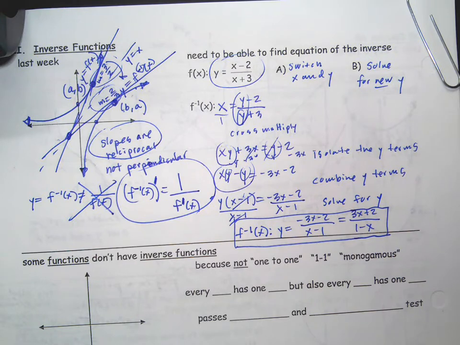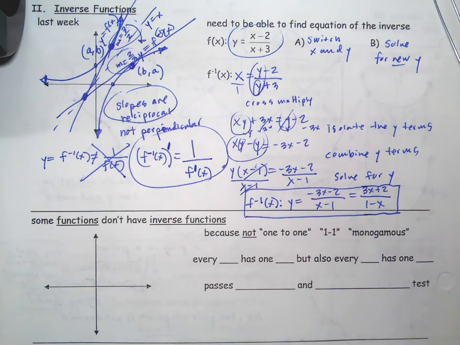Now, you should have done this in some class before, all right? But the basic idea is that you just swap the x's and y's, and then you just try and get the new y by itself. It gets a little messy sometimes in between. So we will be talking later on about how to deal with that. There are some calculus tricks for dealing with that, so you don't necessarily have to do all that. But for now, next test, you're going to have some problems like this, and hopefully you just feel really confident about them.